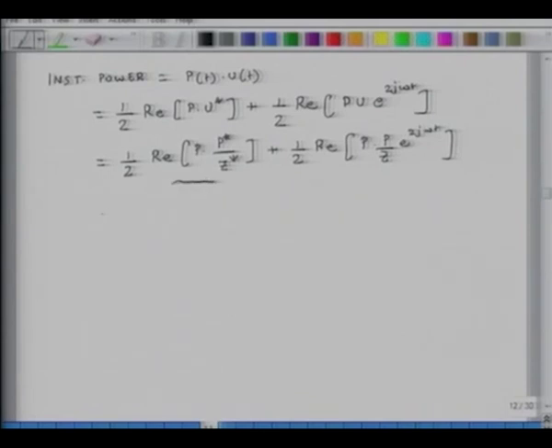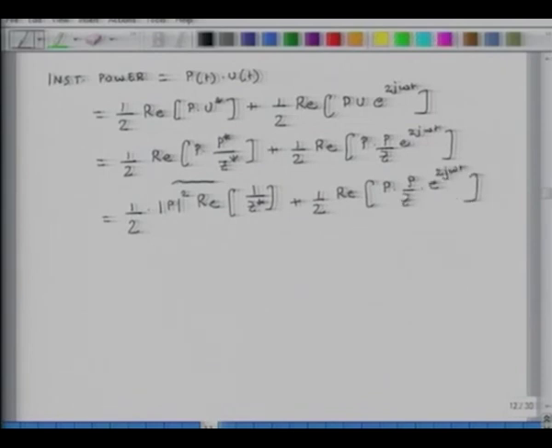This one I simplify, so I get half times the magnitude of pressure squared times the real part of 1 over Z star, plus half the real part of P times P over Z times e^(2jωt).